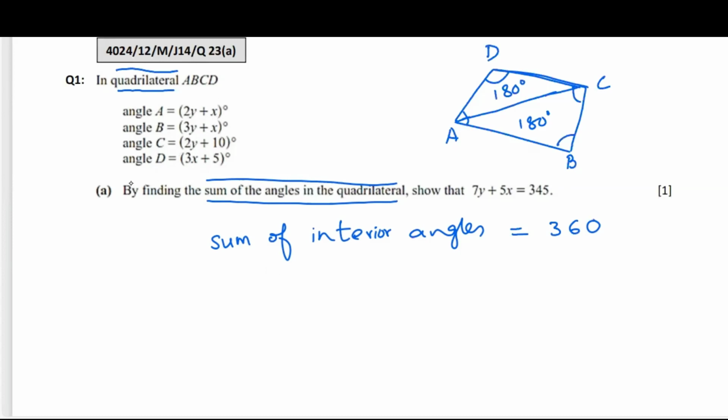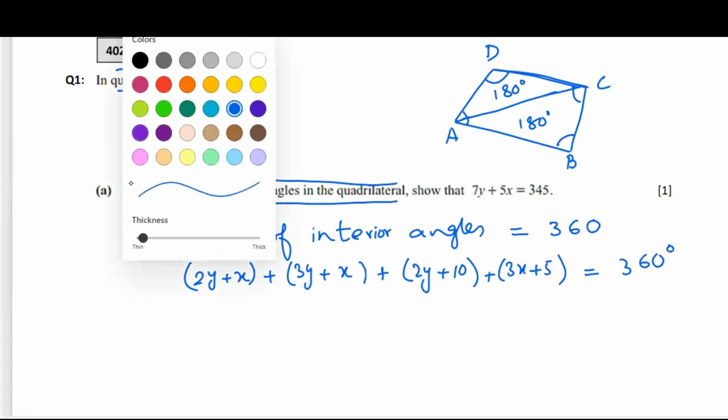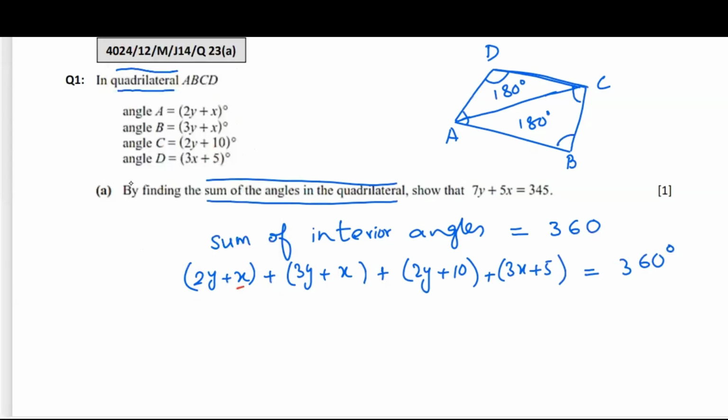2y plus x with angle B 3y plus x with angle C 2y plus 10 with angle D 3x plus 5, which is equal to 360 degrees. Now add all x and all y. So there are 1x, 2x, and 2x, and there is 3x.